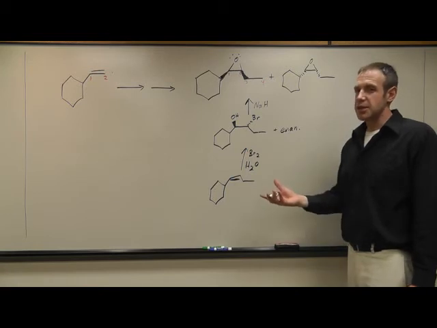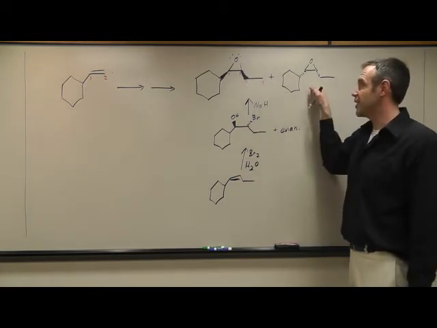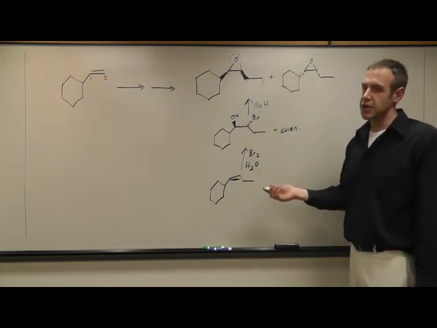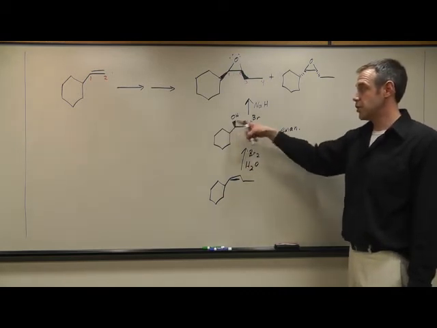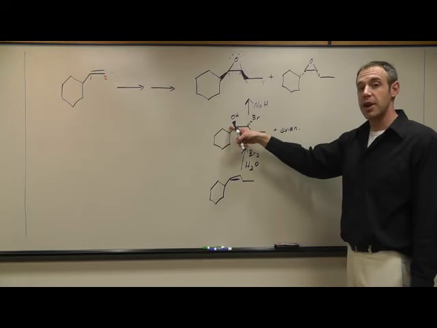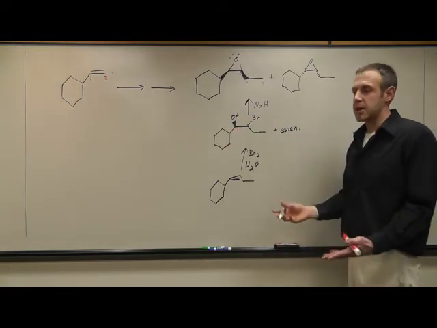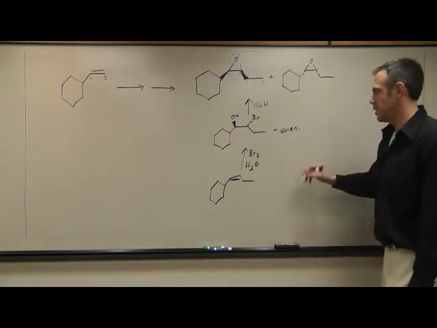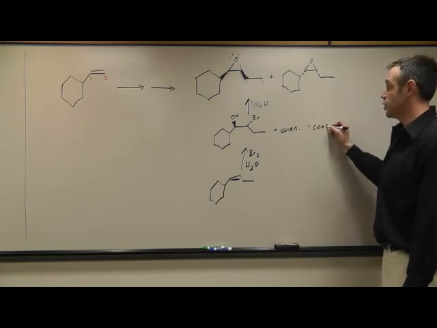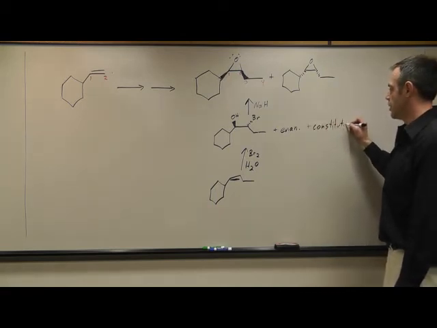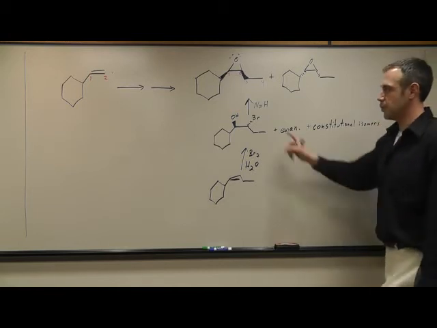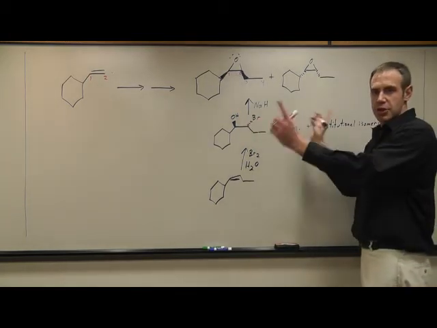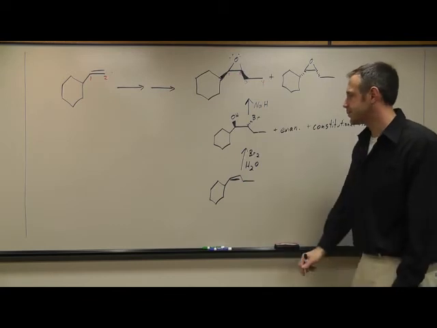Those constitutional isomers, however, would form the same exact epoxides, so there's no stereochemical consequence. In other words, this OH could be over here and the bromine could be over there, and it would still make the same products. And so we would actually get constitutional isomers here as well, where these two positions have switched, bromine and hydroxyl.